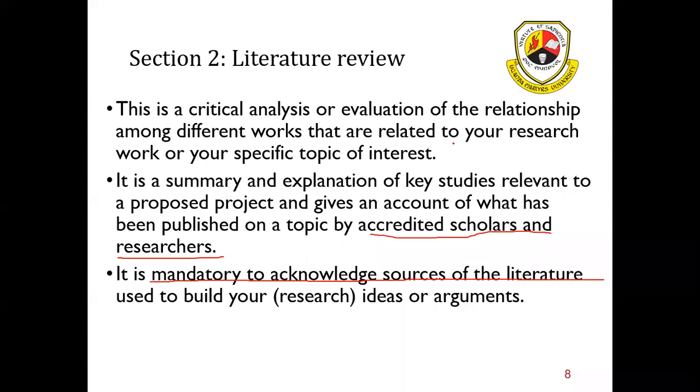Let me try, madam. Yes, please. With the citation, this is where we quote a statement from the particular person. Sorry, we do what? We quote the statement spoken or written by a particular person.